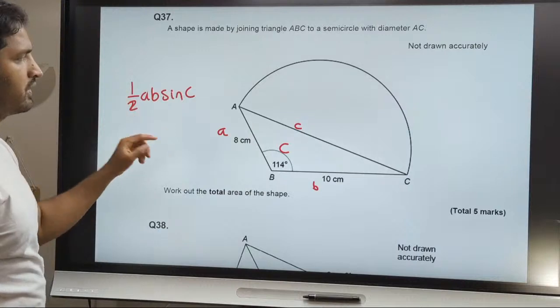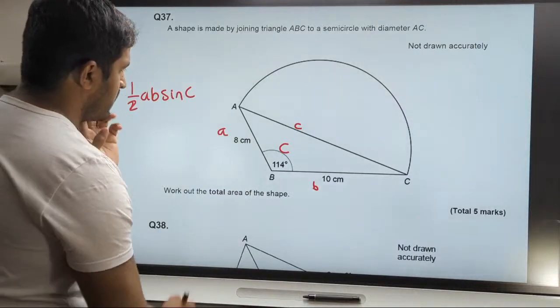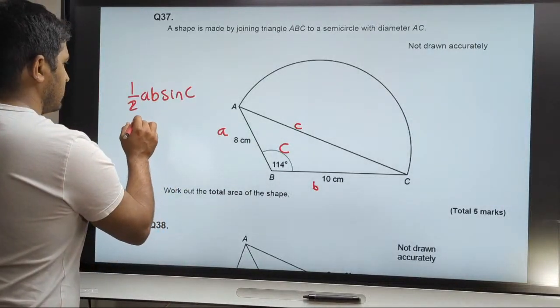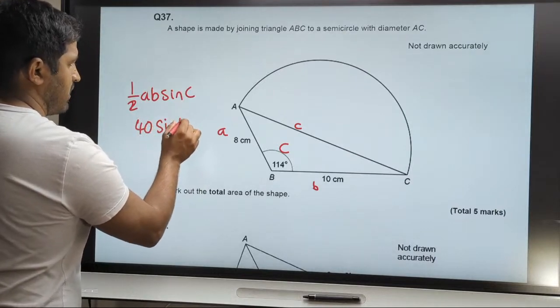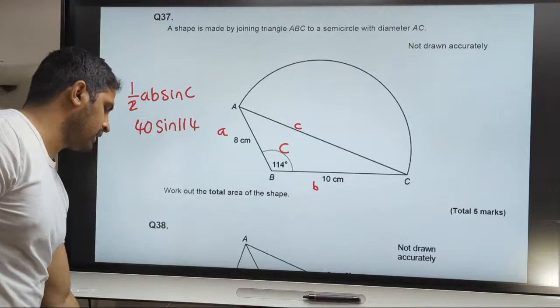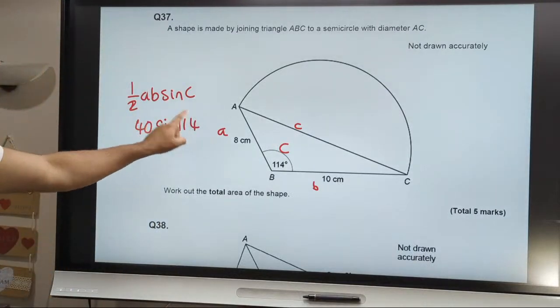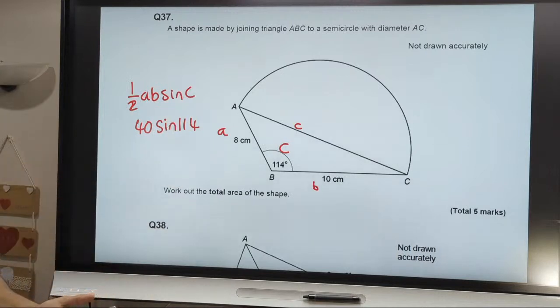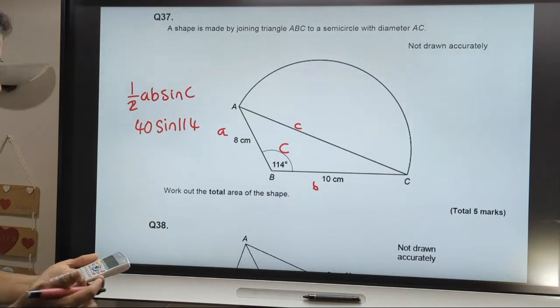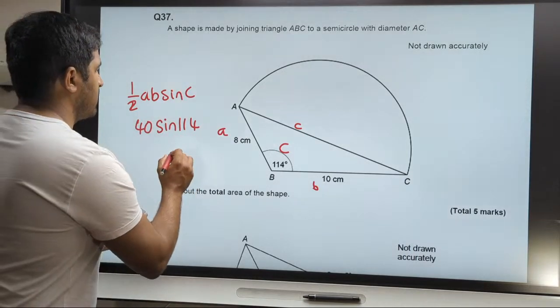So half of 8 is 4, times 10 is 40, times sine of 114. So 40 sine of 114, and I get 36.5 at 3 significant figures.